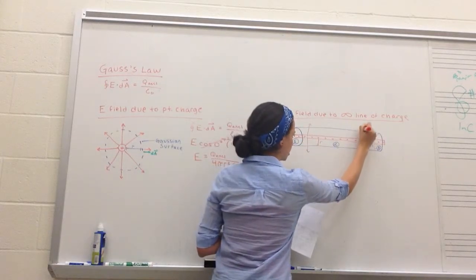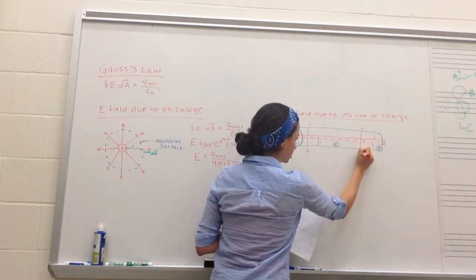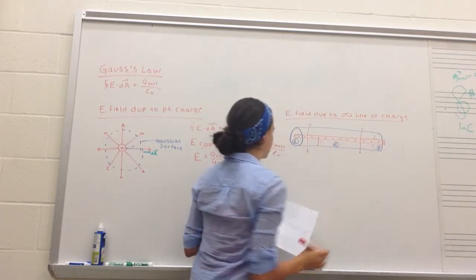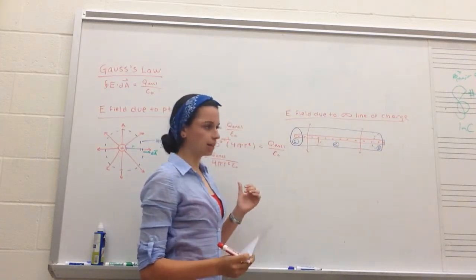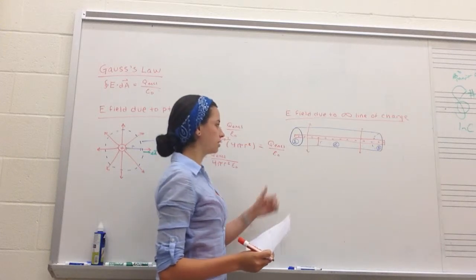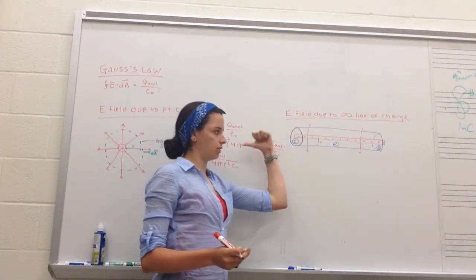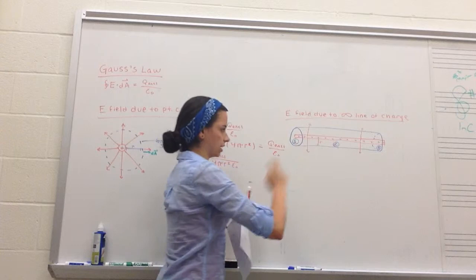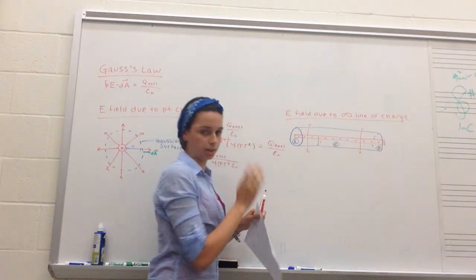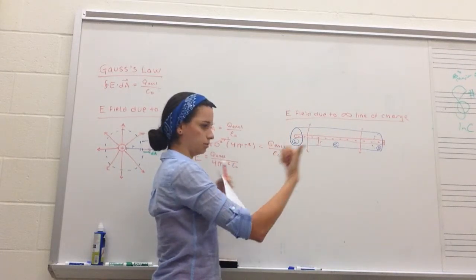We'll draw that in two places, but it's really all over the cylinder, or really all over the line of charge. And on the ends, since they extend off into infinity, there's no n vector pointing that way on either side. They're still pointing just up and down, never to the left or right.